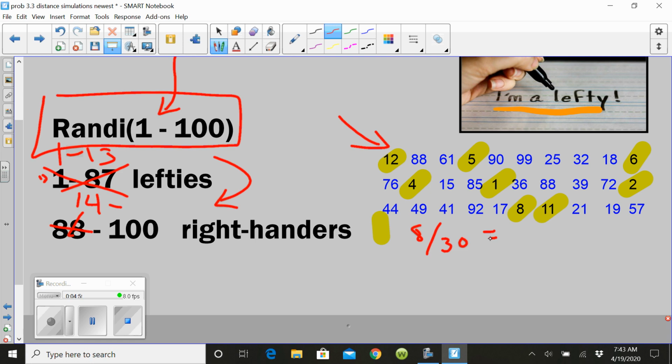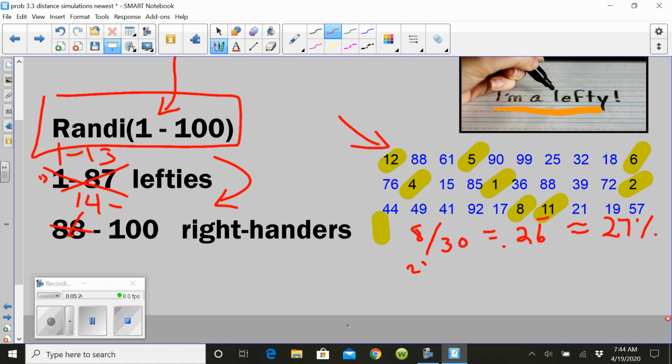And that's telling me almost 27%. It's saying 0.26, and it's a repeating 6. So I'm going to say, in my experiment, I got about 27% of the people were lefties. That's kind of uncommon, right? And then I guess I don't even have to count the other ones.